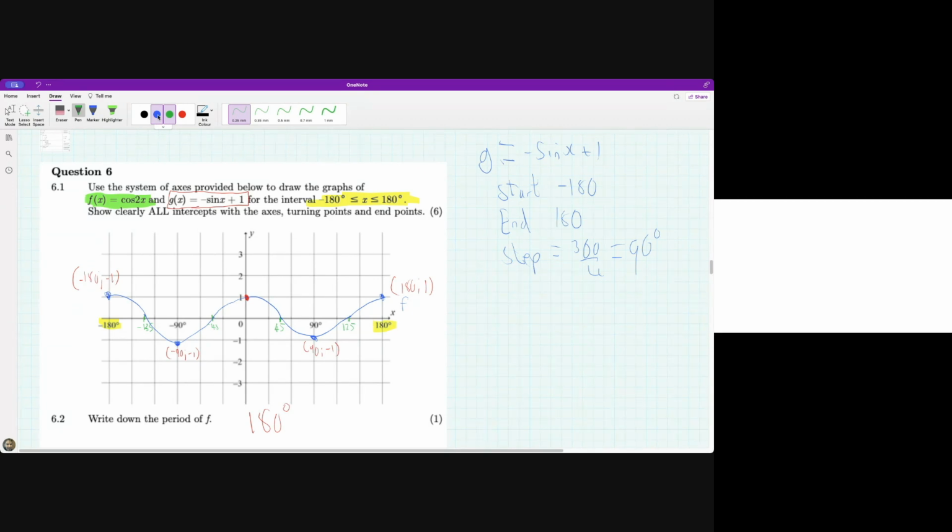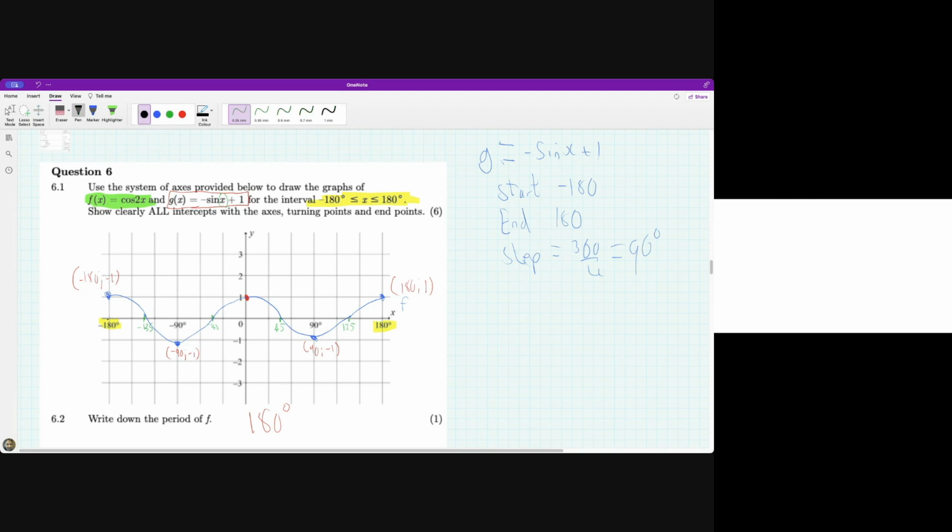Don't forget to close your bracket when you add the 1 after the sine term. You must make sure you close your bracket there. And then start minus 180, end positive 180, step size is 90. What I sometimes like to do is put dots.